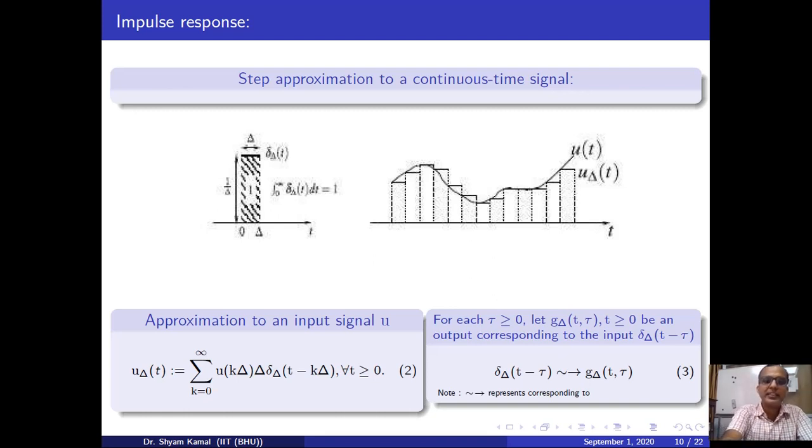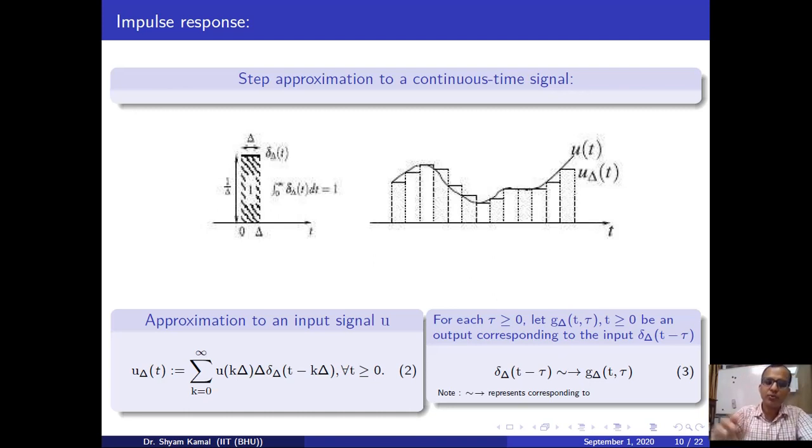In the first figure I have 0 to delta, and the height is 1 by delta. If delta tends towards 0, the length of this impulse signal is very small, and I have a very large peak, and in that way I am able to capture any continuous time signal.